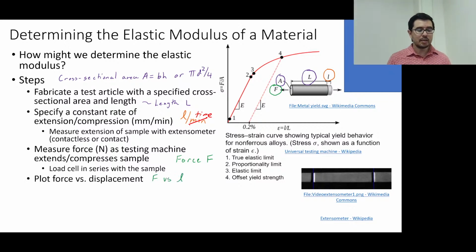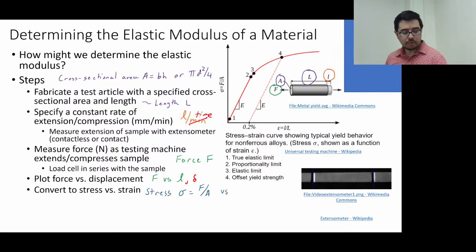Then we're going to plot the force versus displacement, or force versus length, or maybe delta would be better here. Let's just say we have this little L, but think about it as L or maybe delta. And then we have to convert.